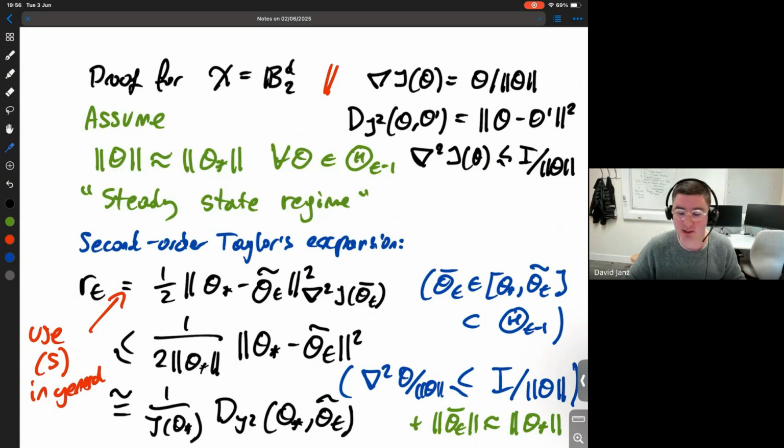It's not just a coincidence that these two things are equal. And here we used that we're in the steady state to say that this is 1 over norm of theta star, rather than say 1 over norm of theta bar, which could be arbitrarily different. So smoothness lets us relate regret to this divergence squared.